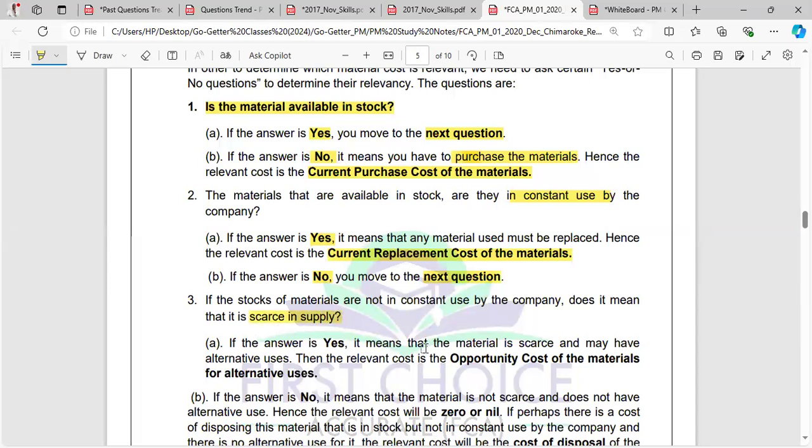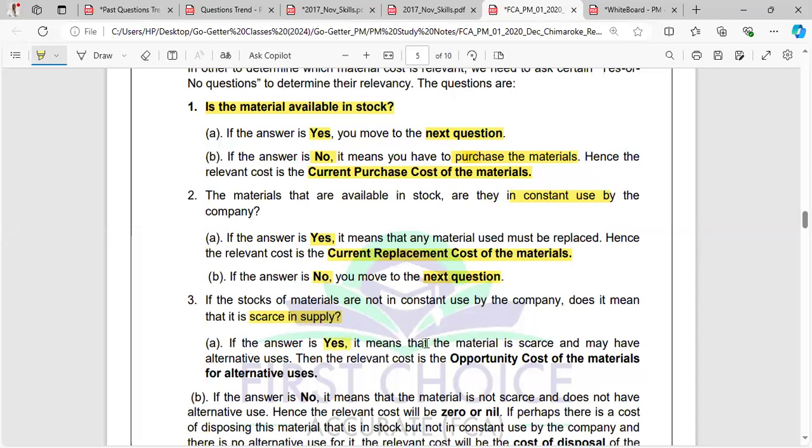Because if something is scarce in supply, it may not be used constantly. Let's say you have a very good thing that is scarce. You may not be using it always because you don't want it to get bad or to be depleted. So if it is scarce in supply, you are answering yes.